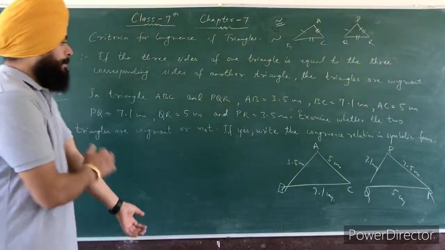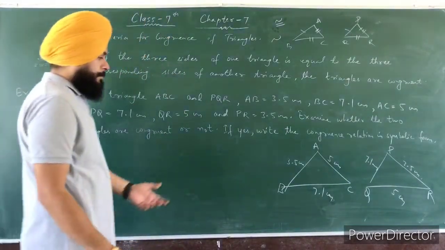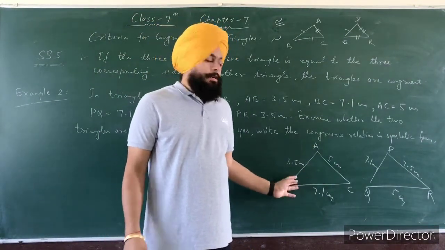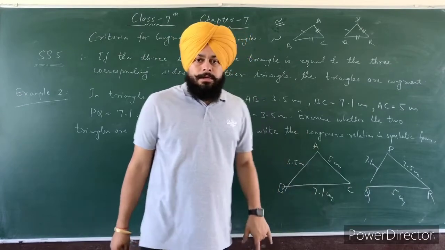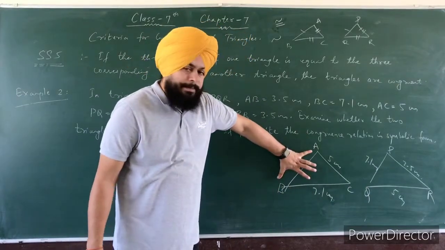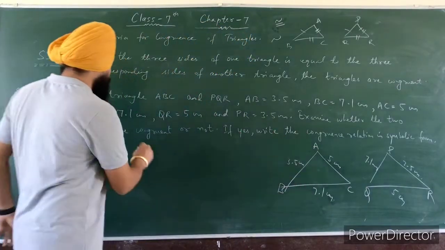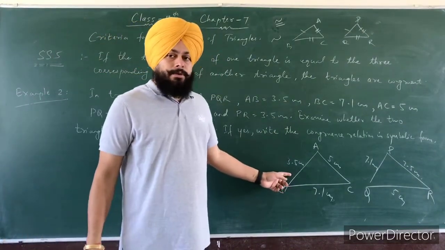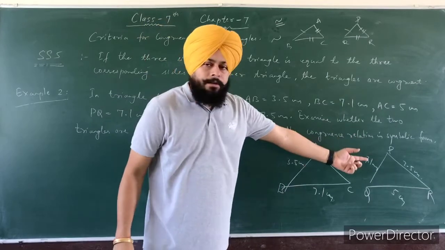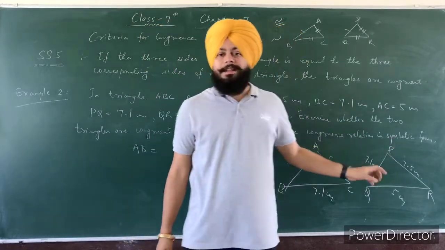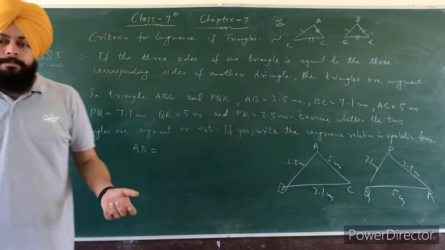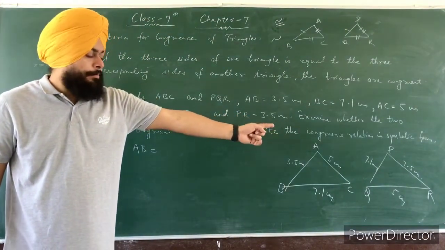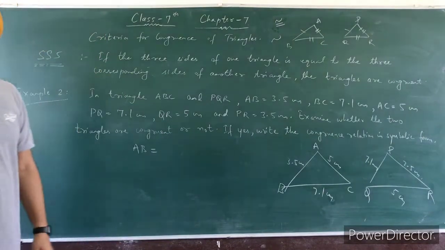Alright. So first, you can see here the lengths of all three sides are given in both of these two triangles. In triangle ABC, the length of AB is how much? 3.5 cm. So you can check whether any side in the other triangle has length 3.5. The length of PR is also 3.5 cm.